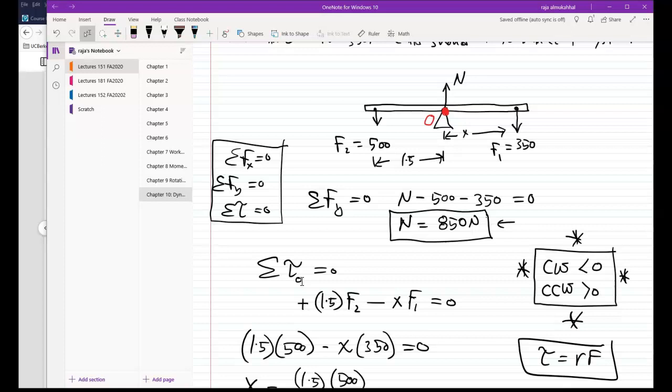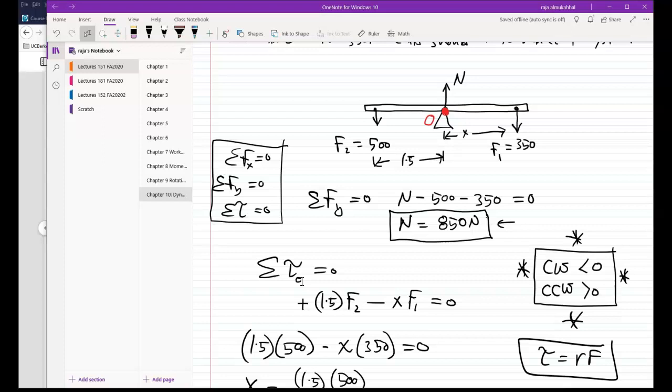Let's do a tougher problem. That's the ladder problem, and that's example 10.12. It is a difficult problem, I think. And by the way, I'm doing equilibrium before torque and angular acceleration. I'm skipping that section for now, but I'm going to come back to it at the end of the video.